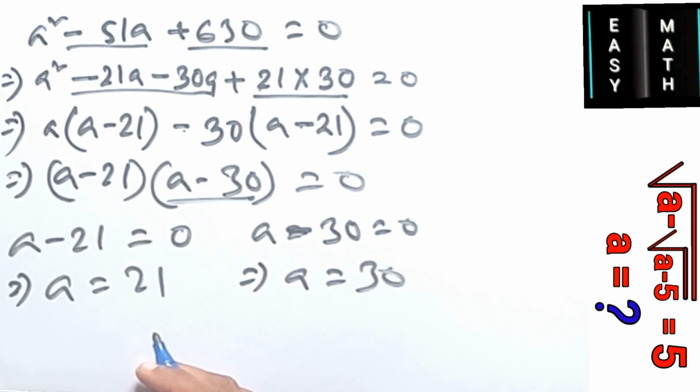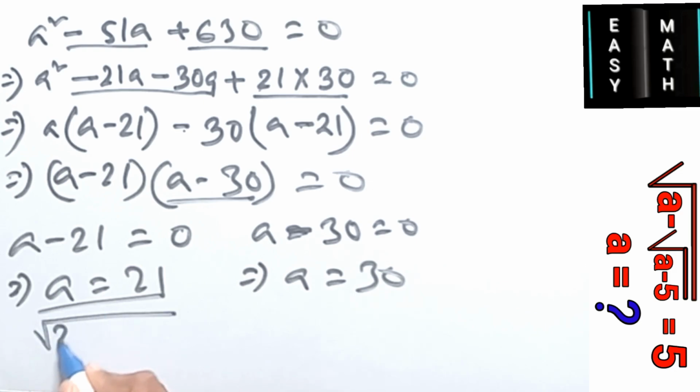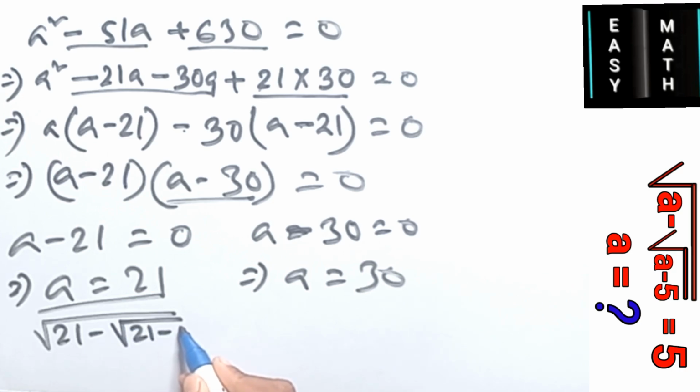And let us prove this. First, a equals 21, so there is root 21 minus root 21 minus 5.